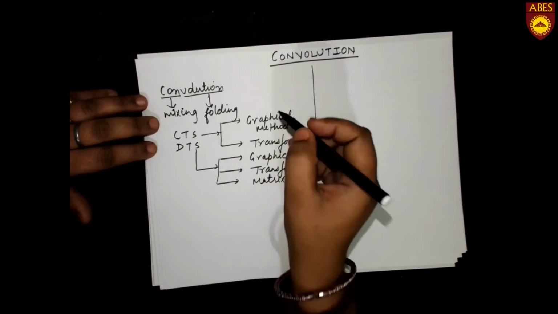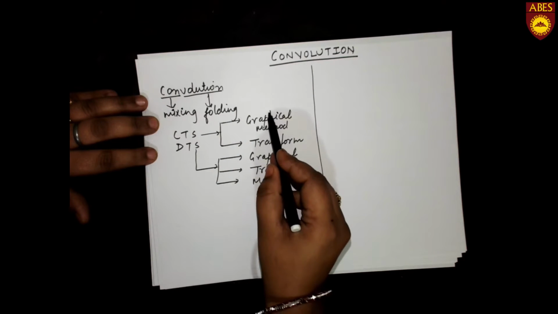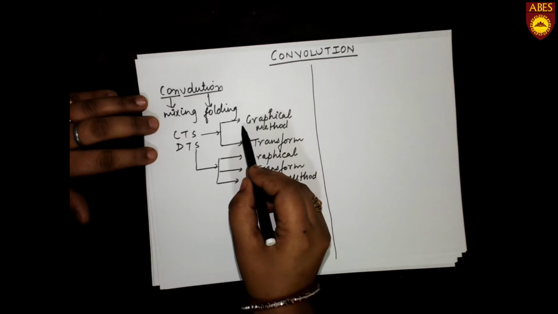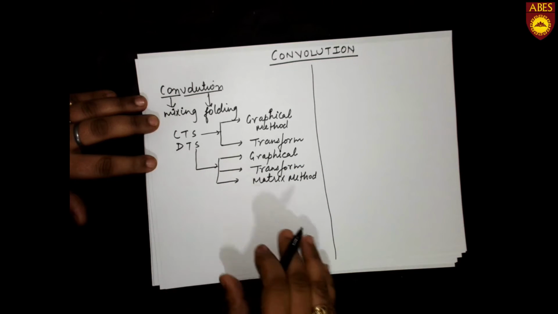So first we will discuss convolution by graphical method for continuous time signal.